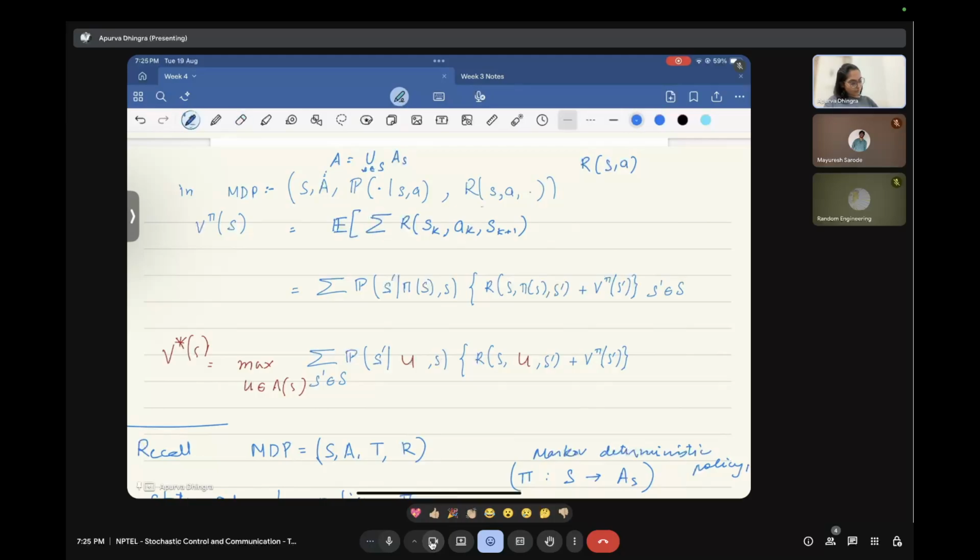And k starts from, let's say, 0 till n minus 1. And there may be an extra reward for the terminal state, for all terminal states.